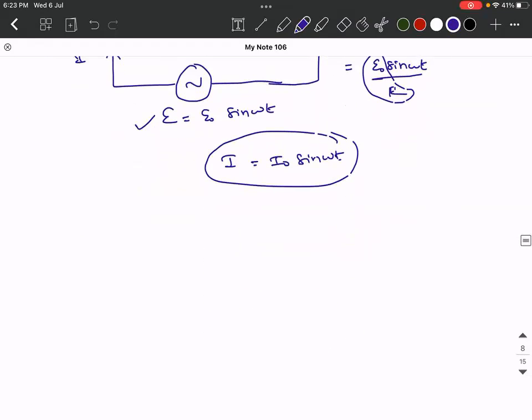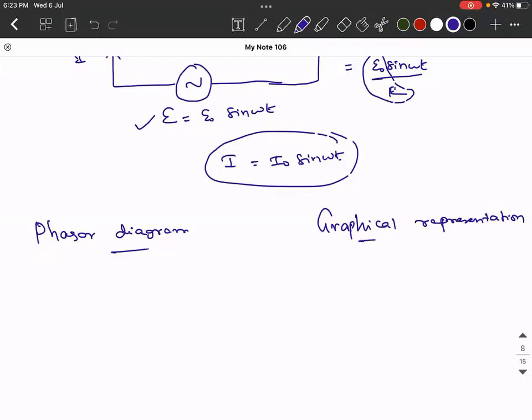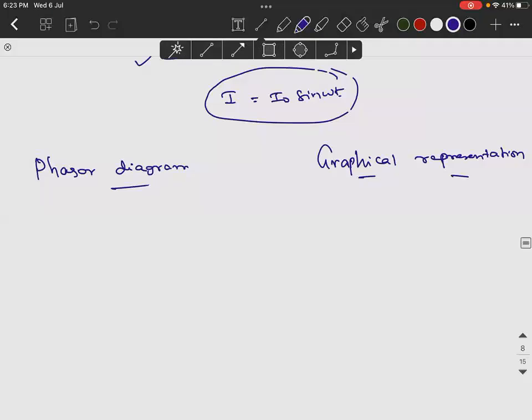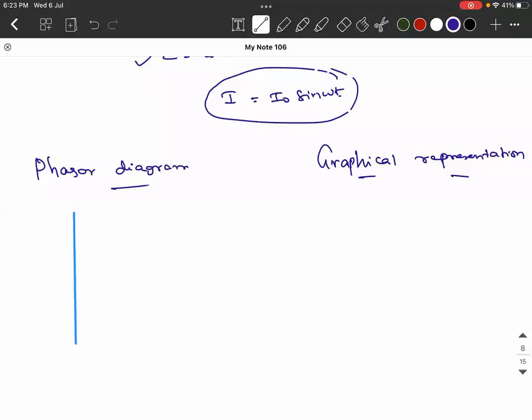Right. Now, we will try to analyze the same thing using a phasor diagram and graphical representation. So when I talk about a phasor diagram, see, phasor diagram is not a graph, okay, don't get confused.